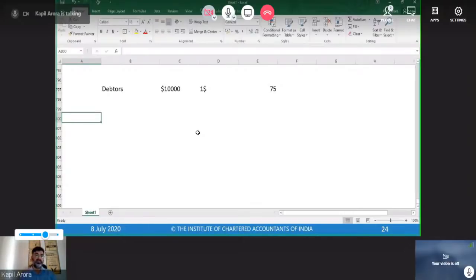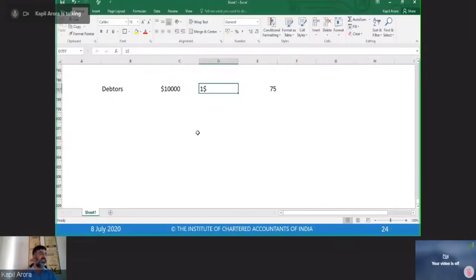So debtors, let's assume we have $10,000. When these debtors were recorded, $1 was equal to 75. At the year end date, the exchange rate has changed. The exchange rate now is $1 equals 85 rupees.